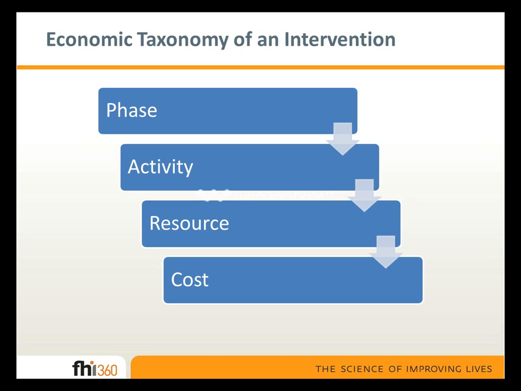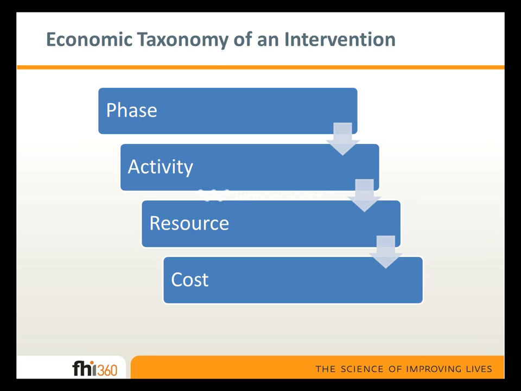We begin with the phase of an intervention, and most interventions that we work with have three main phases. There's a planning phase. There's a second phase where you're putting into place the resources needed to carry out the intervention. We call this preparing for service delivery. And the third phase is the initial period of service delivery itself, when we're burning it in, essentially.